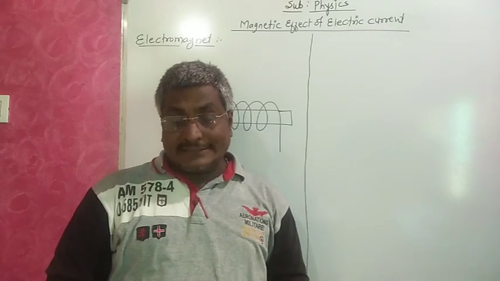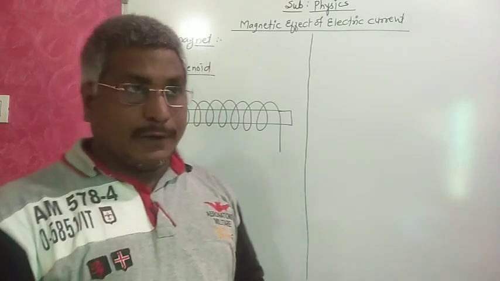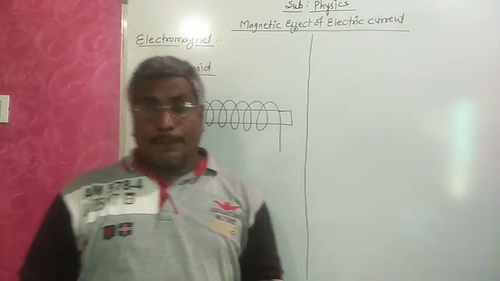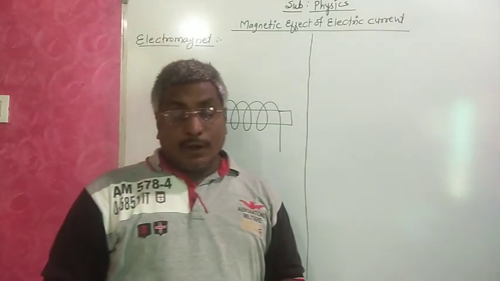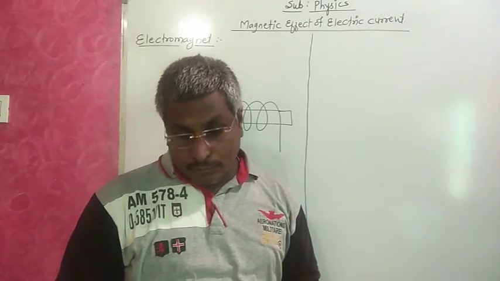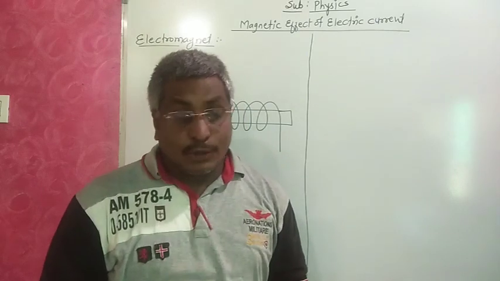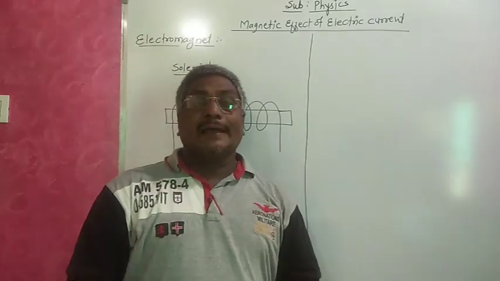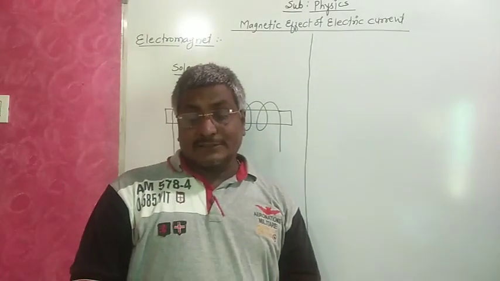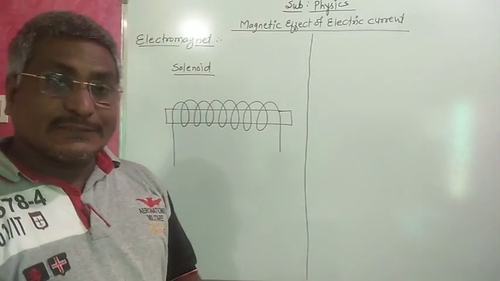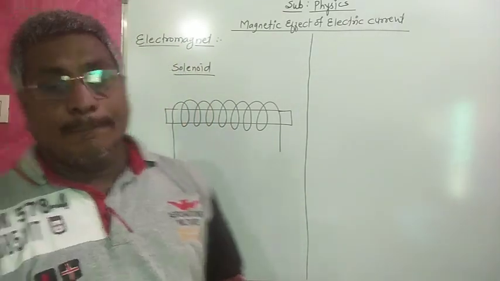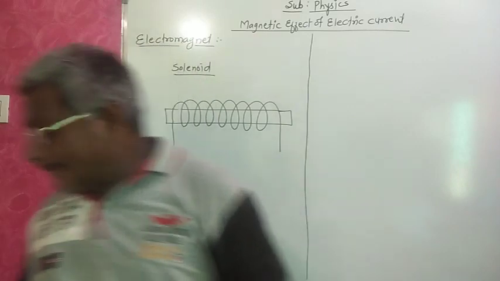A magnet consisting of a long coil of insulated copper wire around a soft iron core that is magnetized only when the electric current passes through it is called an electromagnet. So I will write the definition.